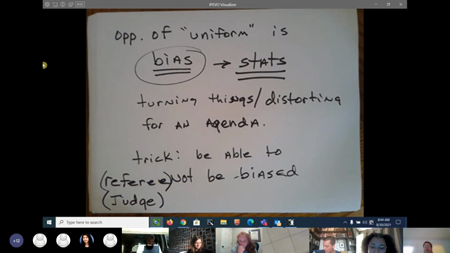Let me give you an example one time. I sit on this board, and I'm the chairman of this board. It's called the Land Use Zoning Appeals Board. We had this guy one time come up, and he wanted to put a residence on a lot that was left out.